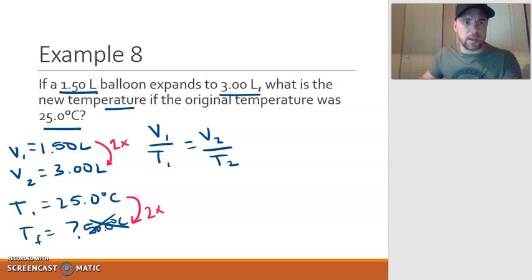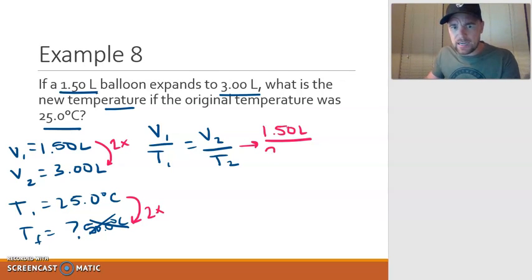So we have our setup right here, and I'm going to do it in a different color. All right, so I'm just going to plug it in exactly how we've got over here. So V1 is 1.50 liters. T1 is 25 Celsius, but we need to convert 25 Celsius into Kelvin. So I'm going to add the 273.15 to that.